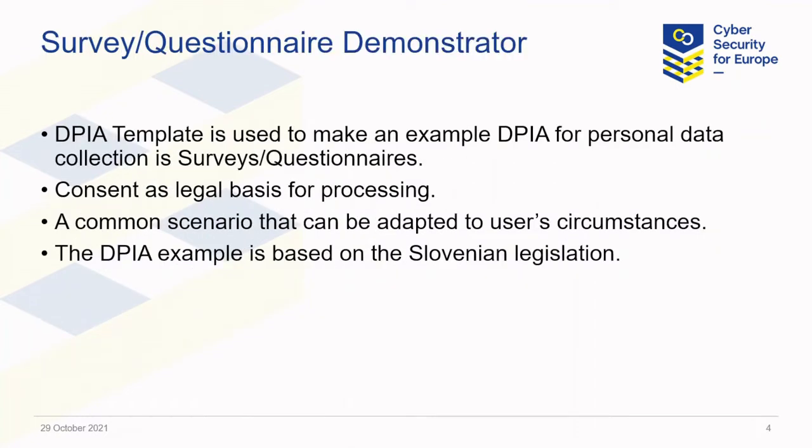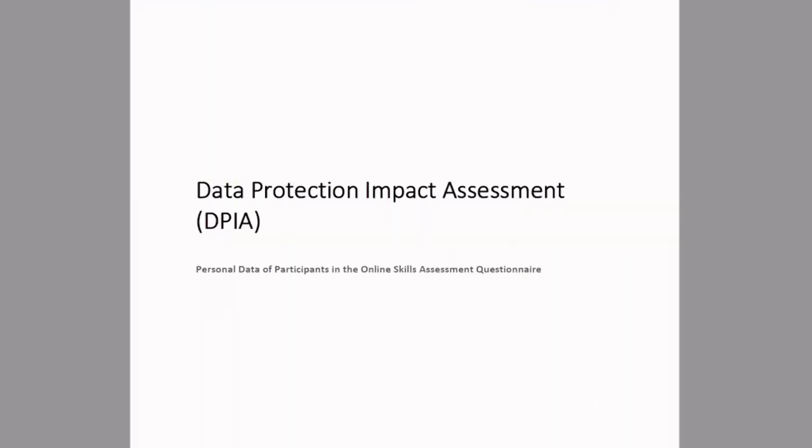In this demonstration, we have used the DPIA template to create an example data protection impact assessment for processing personal data collected from surveys based on participants' consent. This is an example of a data protection impact assessment created using the described DPIA template for processing personal data of people taking part in a survey.